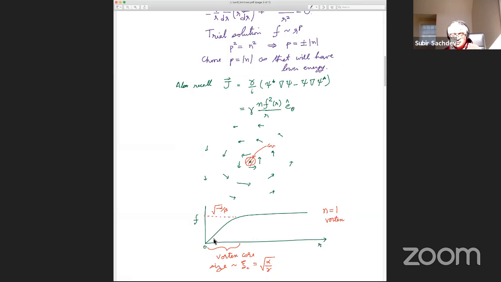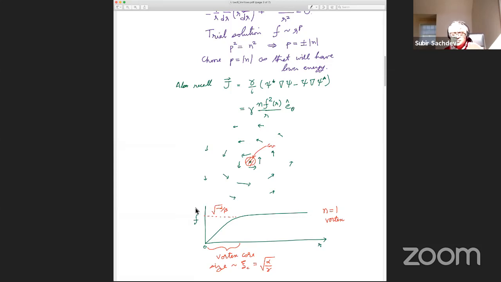N equals 2, it goes as r squared, and so on. And then it approaches at infinity the equilibrium value of the superconducting order parameter. So the supercurrent is 0 down here in the core of the vortex, and also at infinity, and there's a region around which it's flowing. And the circulation of this current, or if you interpret it as superfluid helium 3, the circulation is quantized.